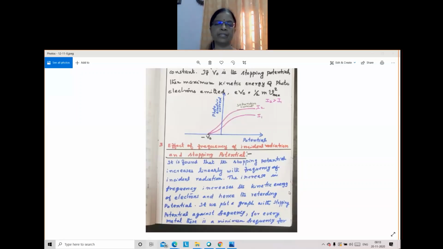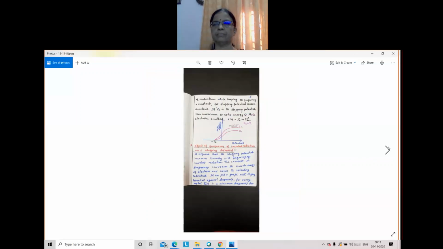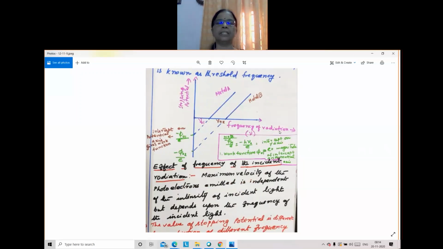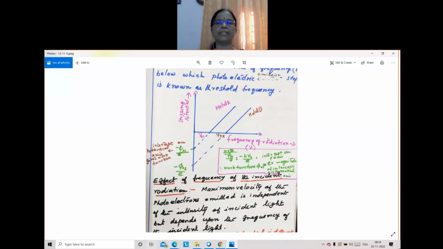I will show the graph. This is the graph of frequency versus stopping potential. If frequency is less than threshold, this region shows no emission of electrons. Light is incident, but there is no emission of electrons. So, there exists a minimum frequency.